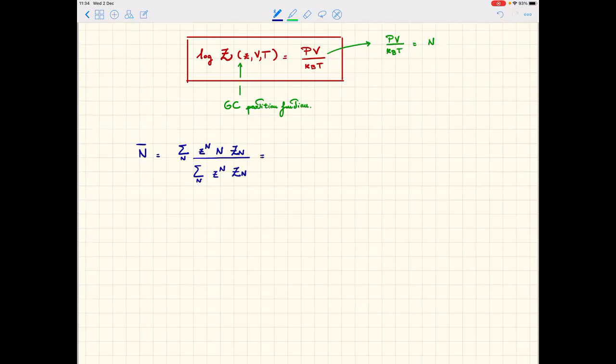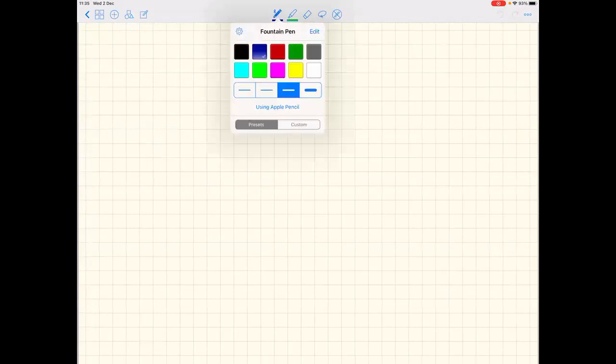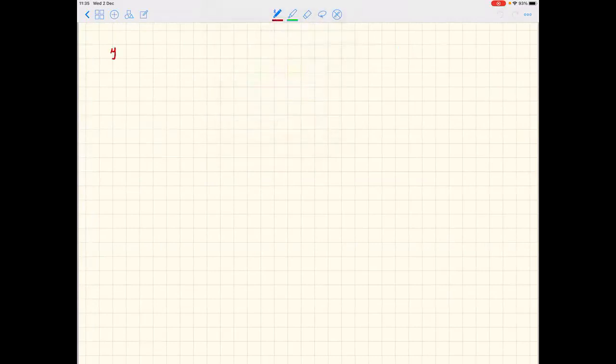And this is nothing but z dz of the logarithm of the grand canonical partition function. So it is z, the fugacity, times the derivative with respect to the fugacity of the log of the grand canonical partition function. Okay? You agree? All right. So now let's see how this works for the ideal gas.